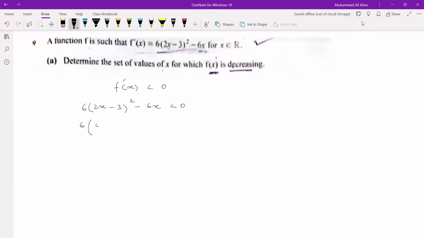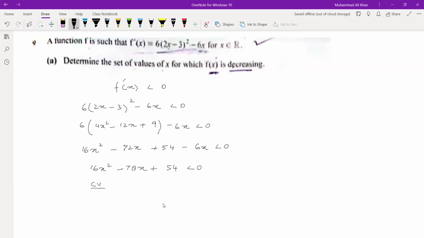Expand the bracket, a squared minus 2ab plus b squared, minus 6x less than 0. 16x squared minus 72x plus 54 minus 6x less than 0. 16x squared minus 78x plus 54 less than 0.